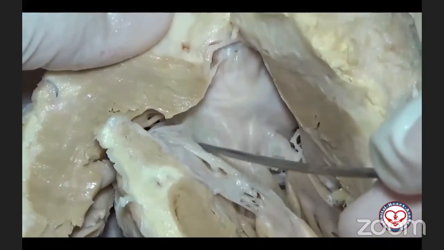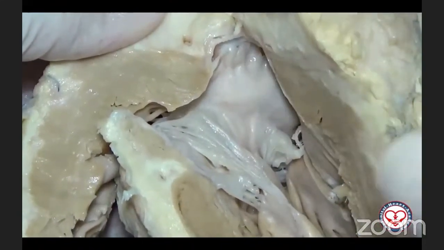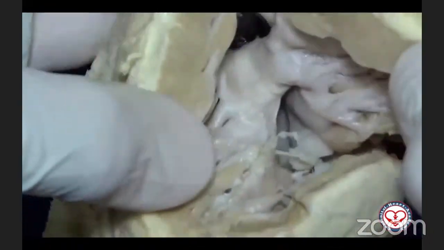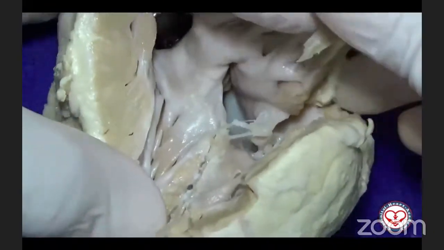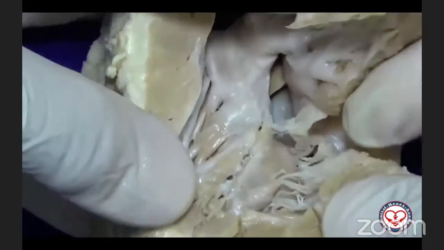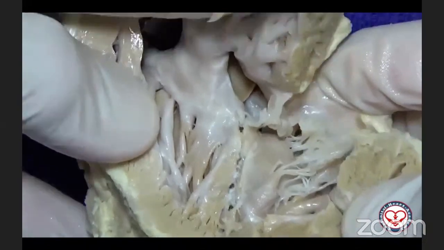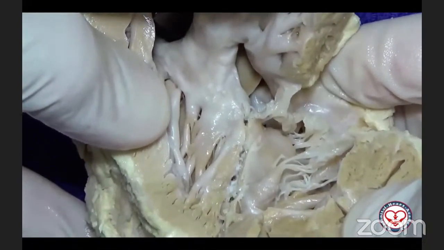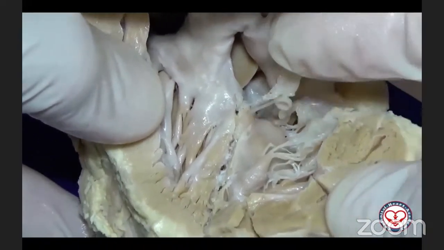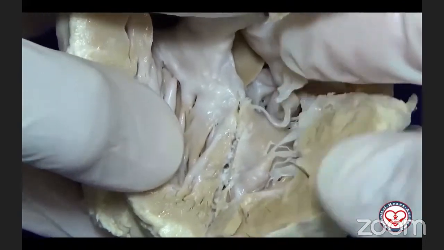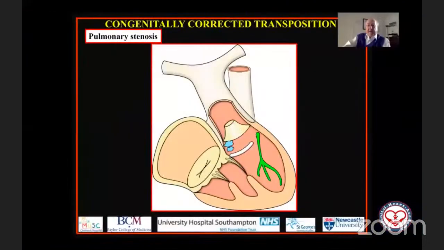Also, there is the fibrous continuity between the mitral valve and the pulmonary valve. So I'll just reiterate again that we should describe ventricular septal defects as seen from the left-sided morphologically right ventricle, just as we describe them in the normal right ventricle from the right ventricular side.